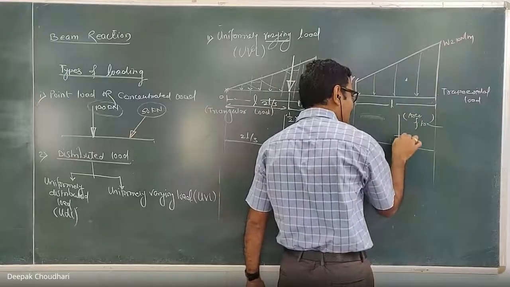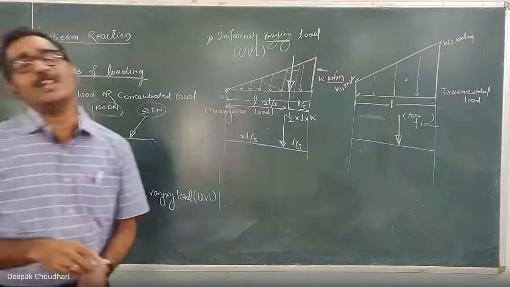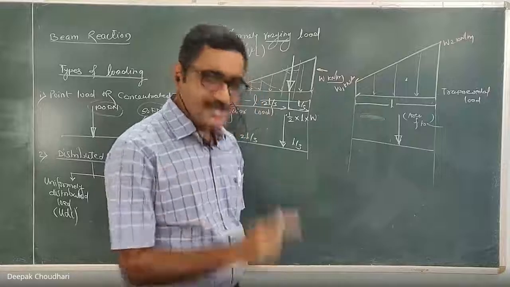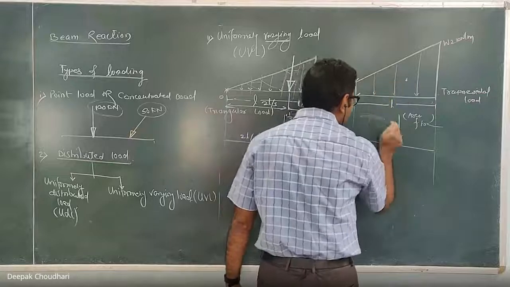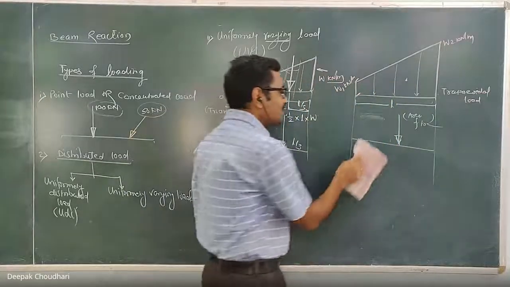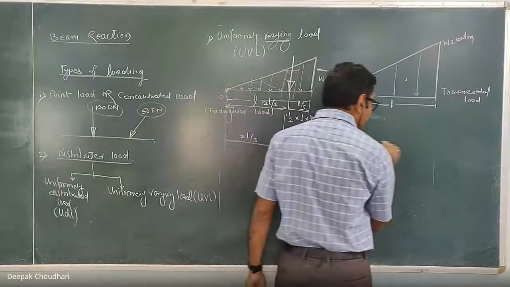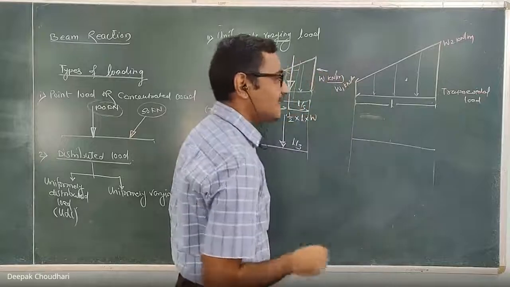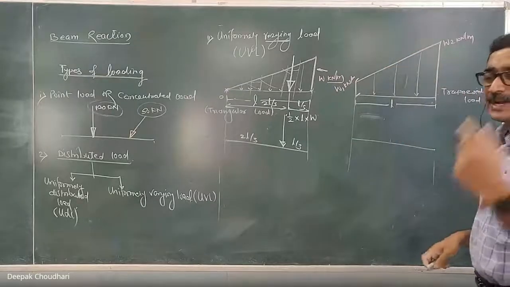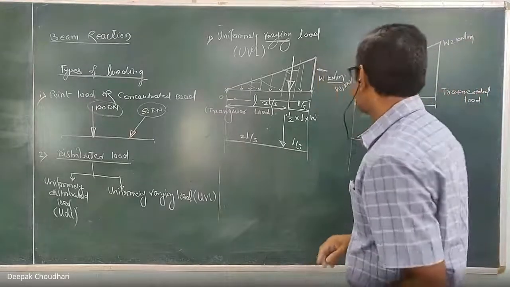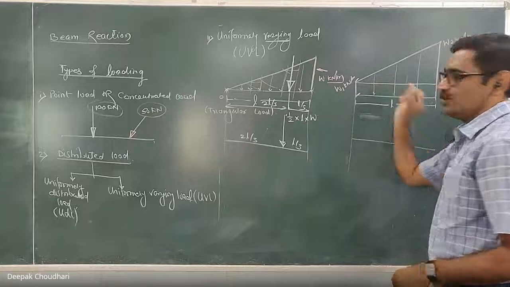You have to find out the point of application of that equivalent point load. यह centroid calculate करना little bit difficult है, again उसके लिए कुछ calculation करना पड़ेगा। Okay, so instead of converting this trapezoidal load of this UVL into a single equivalent point load, the easiest method is that here we are going to split this trapezoidal load into two parts. हम इसको दो पार्ट में स्प्लिट करेंगे। Here one is a rectangular load and the other one is a triangular load.